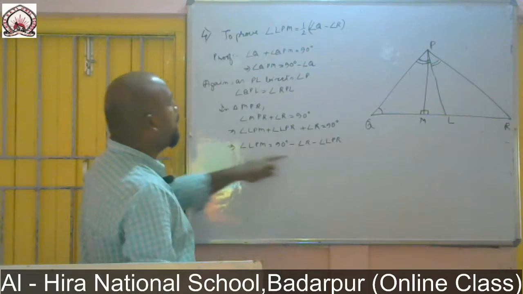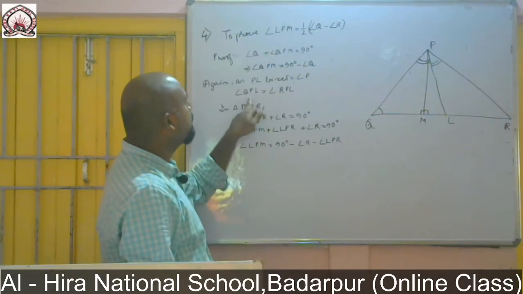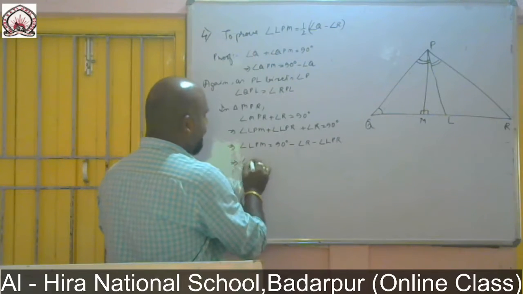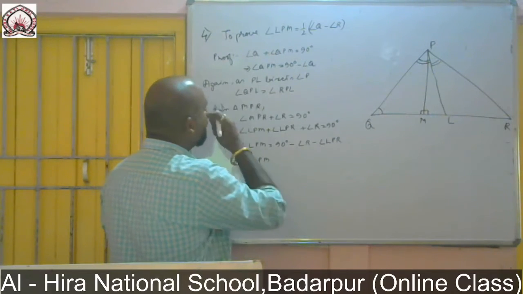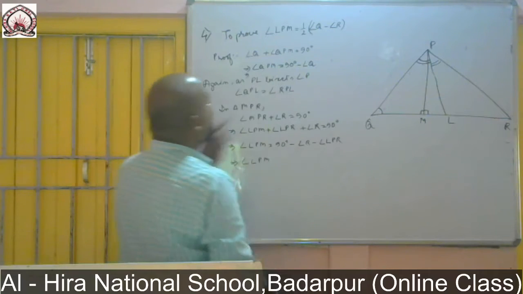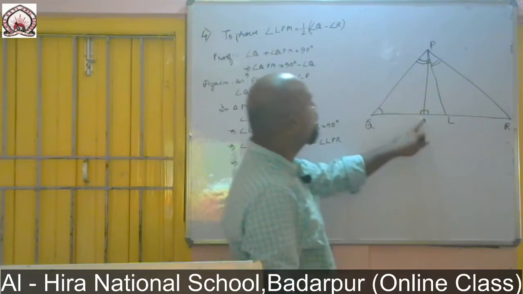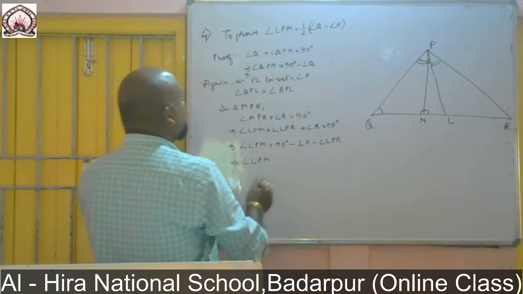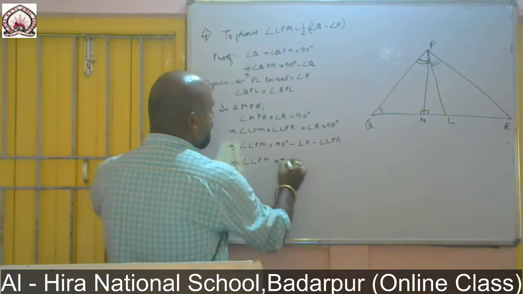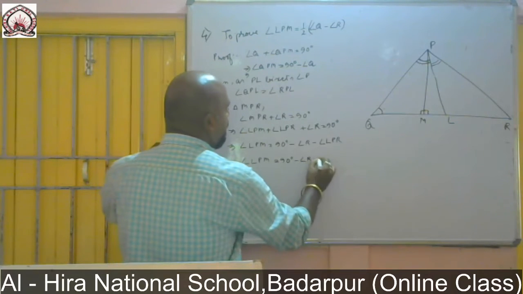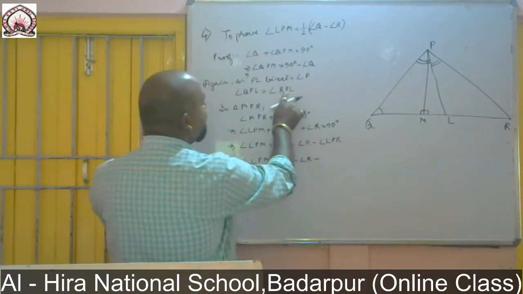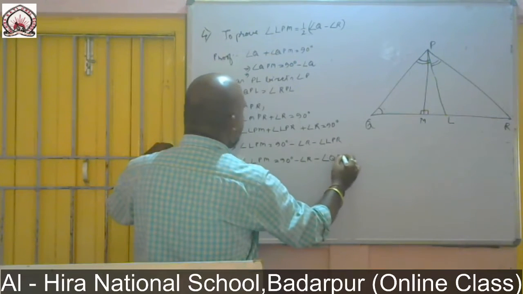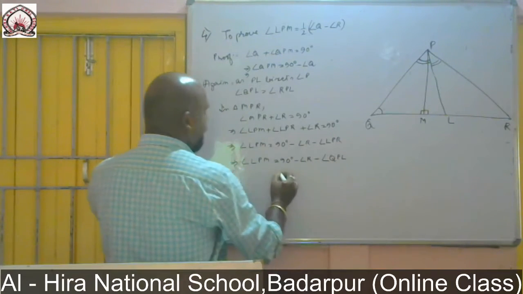Now angle LPR is nothing but equal to QPL. So this one is equal to 90 degree minus angle R minus of LPR, which is nothing but equal to angle QPL.